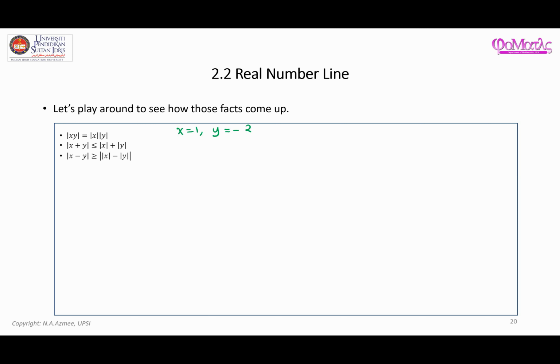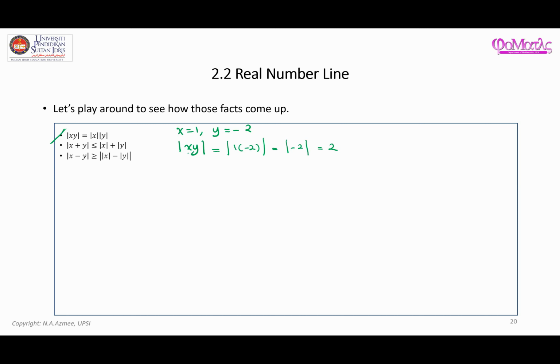We're going to try the first fact. If I compute this part, the absolute value of x times y, it's going to be the absolute value of 1 times -2, which is the absolute value of -2, and this will become 2.